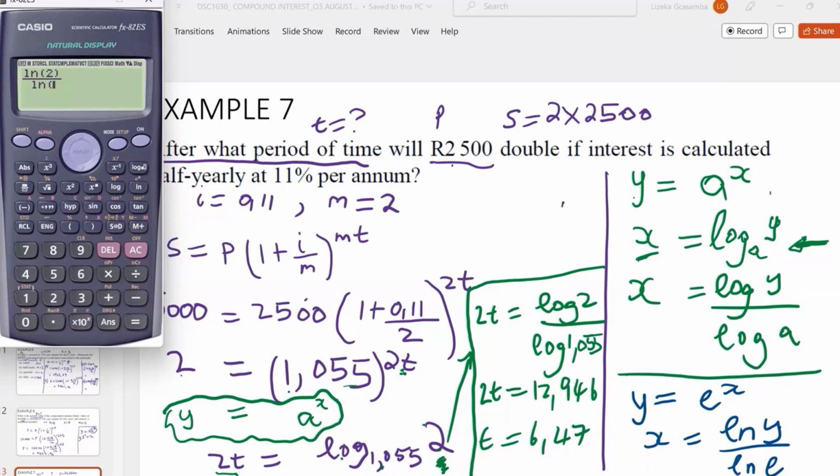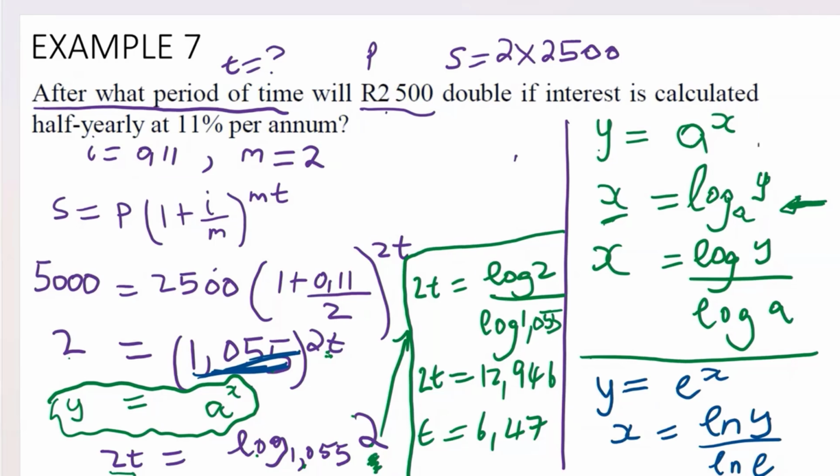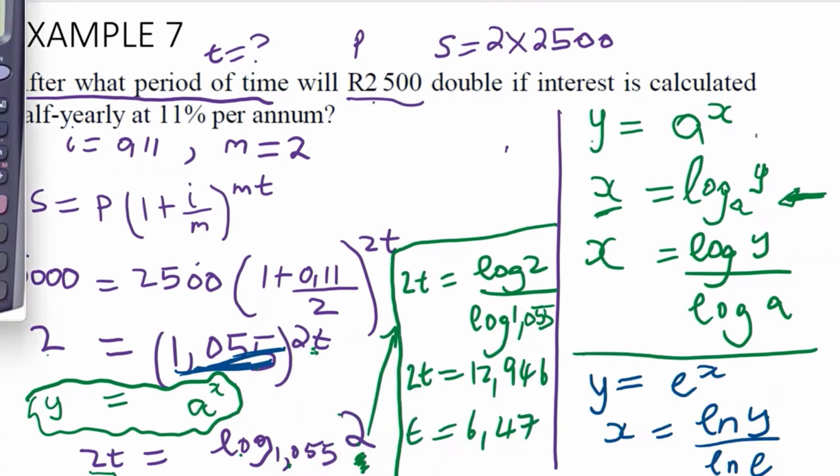So if you're looking at the natural log, this is going to be ln of 1.055. You close the brackets, and then you get your equal sign.